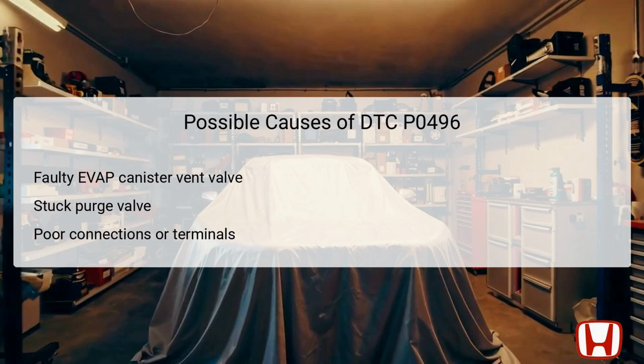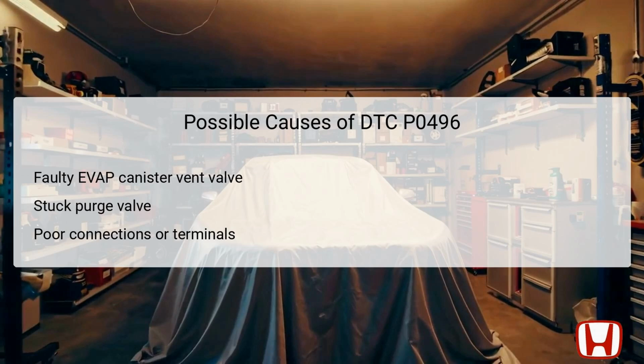Several factors may lead to DTC P0496, primarily focusing on the components of the EVAP system. A common cause is a faulty EVAP canister vent shut valve, which can fail to close properly, allowing excessive purge flow. Another potential issue is a stuck purge valve, which should open and close based on engine demands, but can malfunction and remain open.